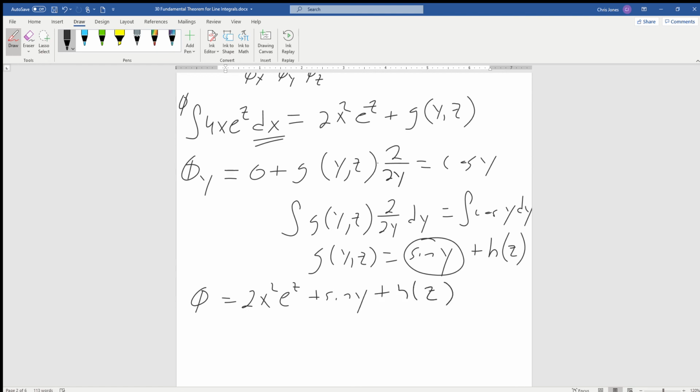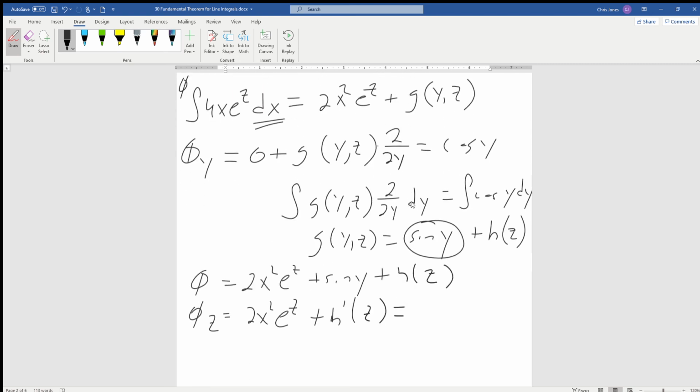Now we're going to find the derivative with respect to z. So phi sub z is going to be 2x squared e to the z plus sine y plus nothing, because the partial of that with respect to z is nothing, and then h prime of z. That's going to be equal to whatever phi sub z was initially, which is 2x squared e to the z.